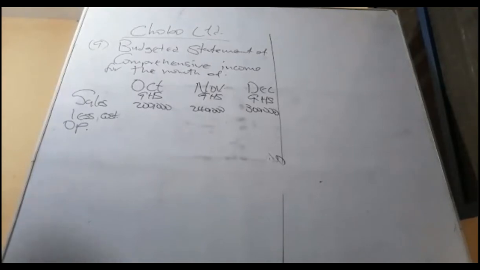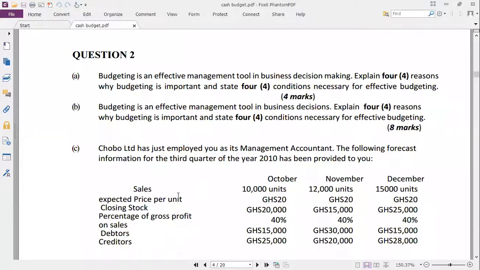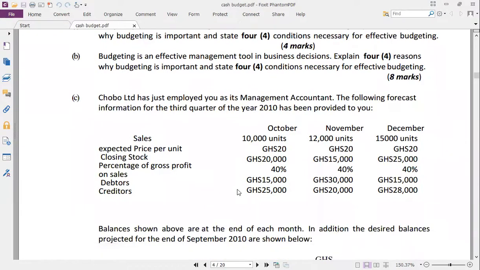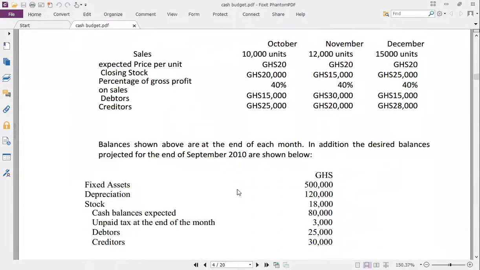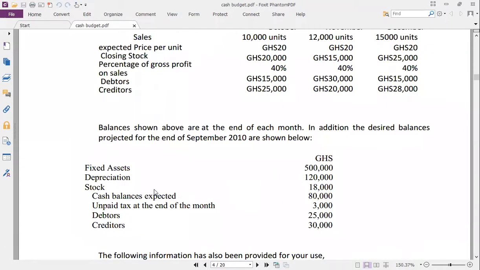Let's see how they call it in the question. They call it stock. The open stock for October will be the closing stock of September, and that is 18,000.